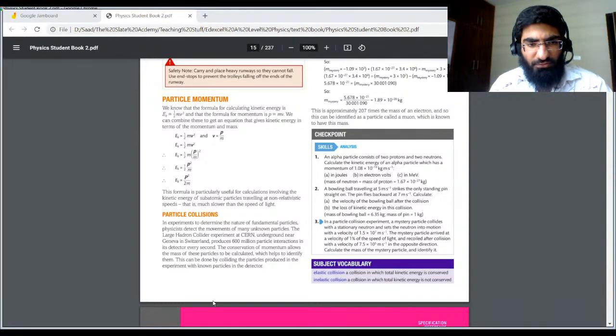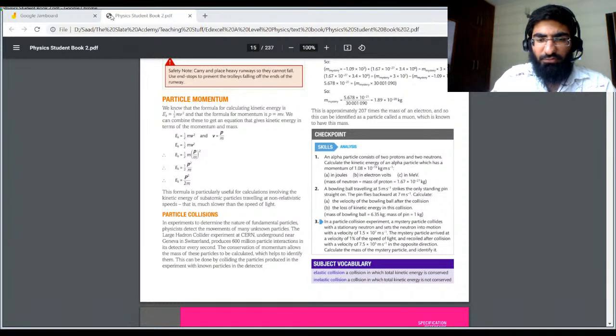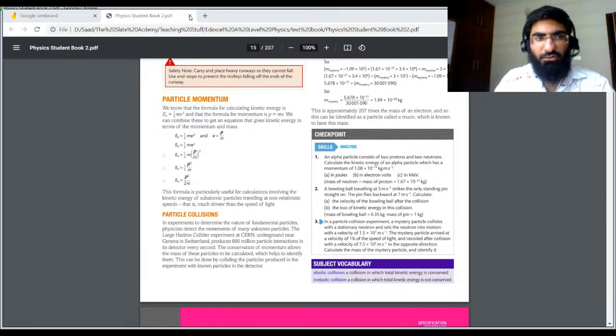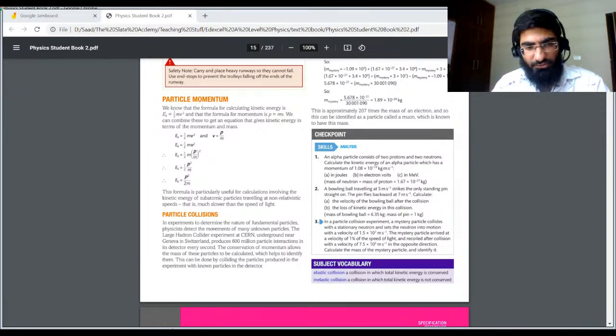I'll send it again. Edexcel International A-level Physics Student Book 2. Here, I need one. Oh, Gmail.